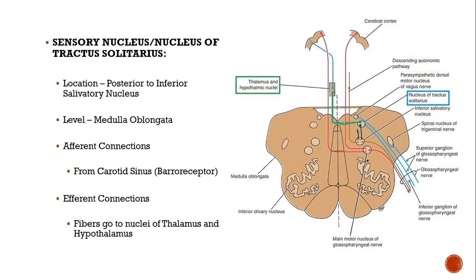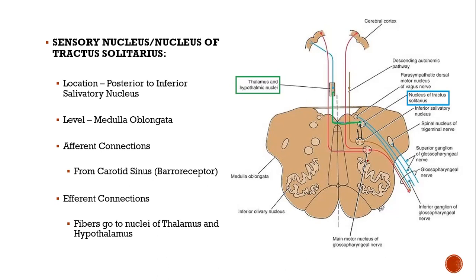Then we talk about the sensory nucleus. The sensory nucleus is also known as the nucleus of tractus solitarius. This is present a little bit posterior to the inferior salivatory nucleus, and this is also at the level of the medulla oblongata. As far as the connections are concerned, the afferent fibers come from the carotid sinus, which contains the baroreceptors responsible for sensing the blood pressure of the internal body.